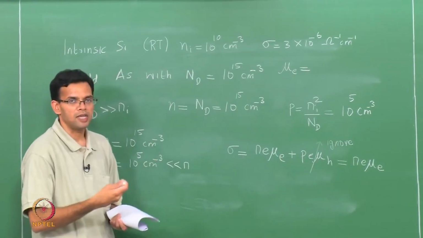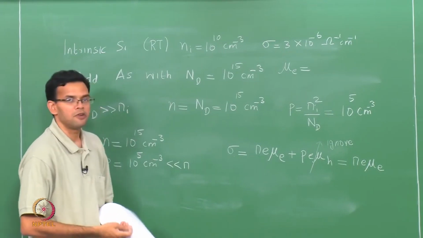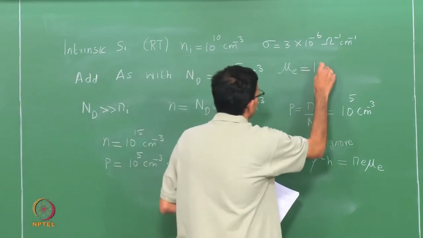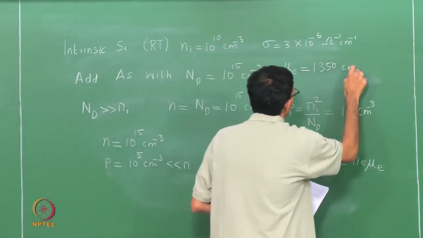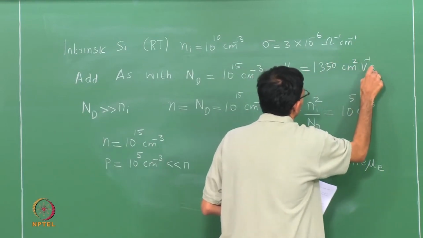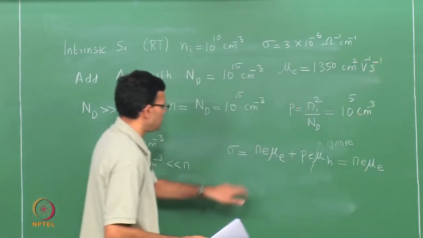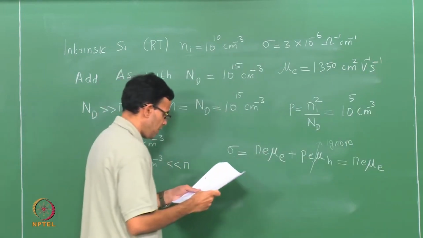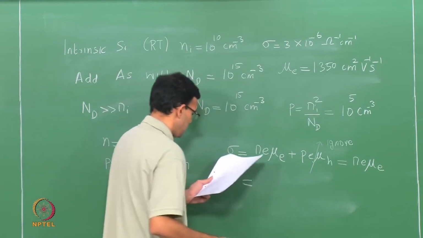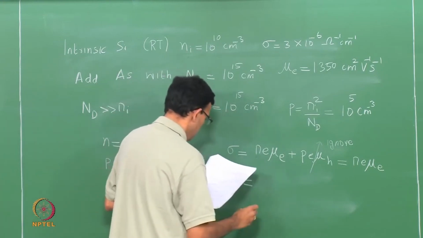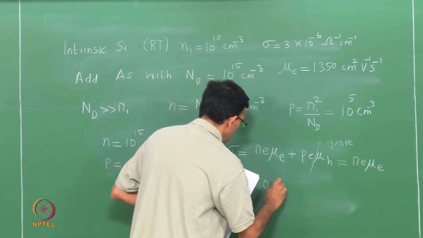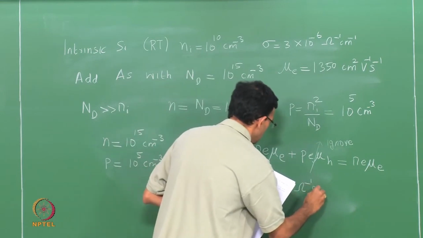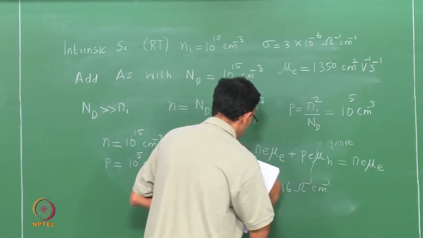We will see that dopants actually reduce the mobility, but for now we will just take the mobility of silicon. So, mu E is 1350 centimeter square per volt per second. So, we substitute N, which is the same as Nd, e and mu E, and if you evaluate the expression, you get sigma equal to 0.216 ohm inverse centimeter inverse.